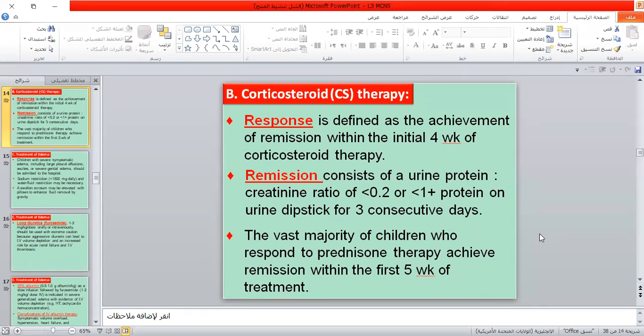This is remission. Response, I say if the patient achieves remission after 4 weeks of therapy. Vast majority of the children who respond to the prednisolone therapy achieve remission within the first 5 weeks of the treatment.